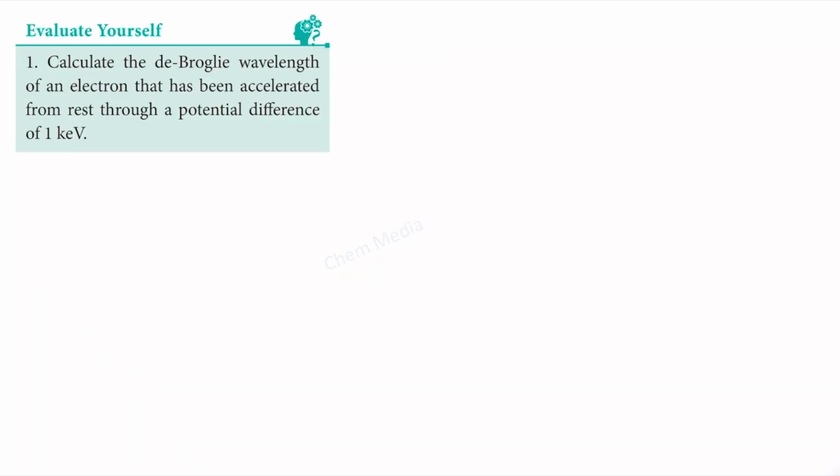Calculate the de Broglie wavelength of an electron that has been accelerated from rest through a potential difference of 1 kilo electron volt. We know that de Broglie wavelength lambda is equal to h divided by p. H is the Planck constant and p is the momentum, and therefore this is equal to h divided by mv.